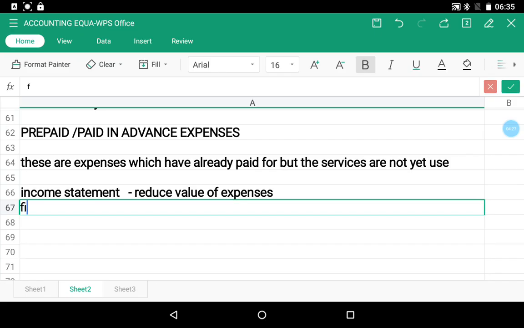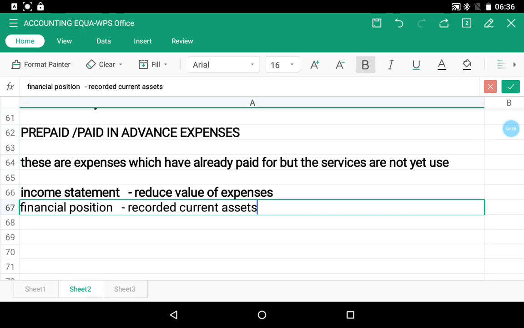Then the financial position or balance sheet, they are recorded under current assets.